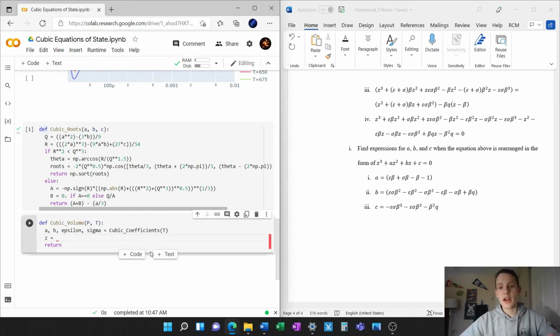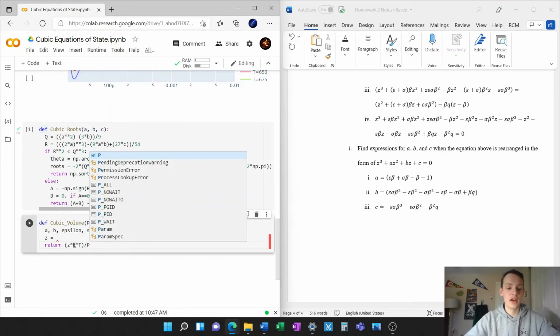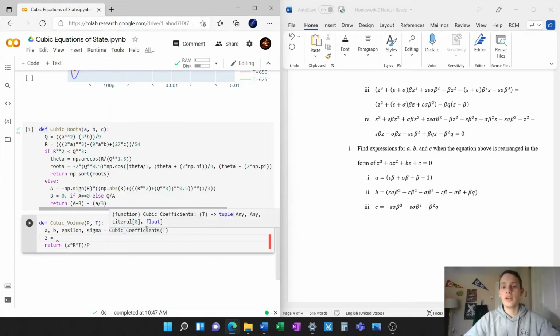And that was the whole point of deriving the cubic polynomial expression for the compressibility factor, because what we're going to end up returning is v. And v, if you recall, is going to be z times R times T divided by P. So that is going to be our return. So hopefully that gives you some more context as to what we must include here.